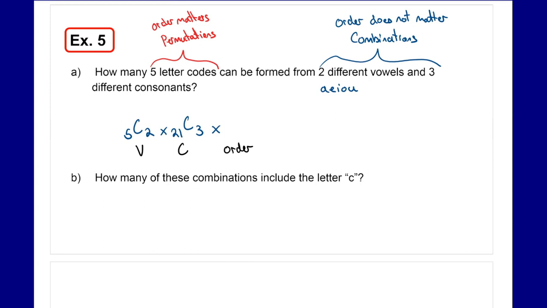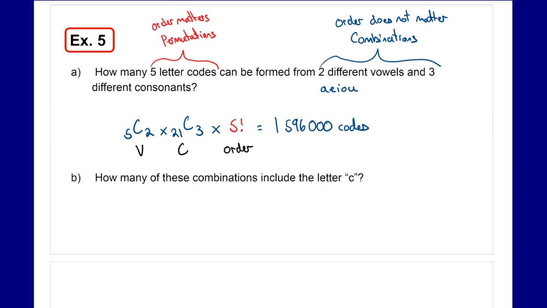And I'm going to multiply that by 5 factorial, which is how I can create a 5-letter code, right? Because 5 options for the first one, then 4 for the second, 3, 2, and 1, and so on. And in the end, we end up with 1,596,000 different codes.